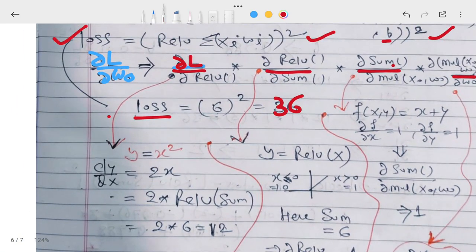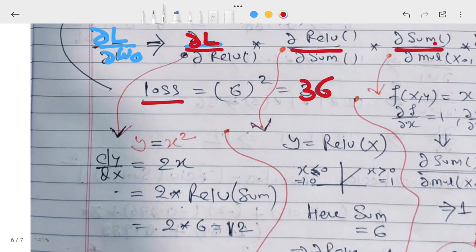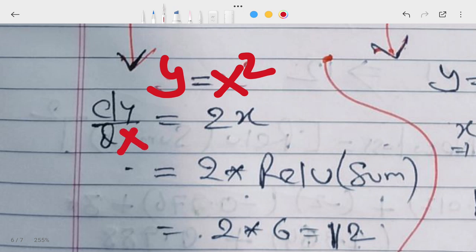This is a question. The loss with respect to ReLU, my loss is actually z square. So I am writing x square here; you can write any variable square. I will differentiate this y with respect to x, so I will get 2x, because d x^n upon dx is equal to n x^(n-1). So this is 2x.